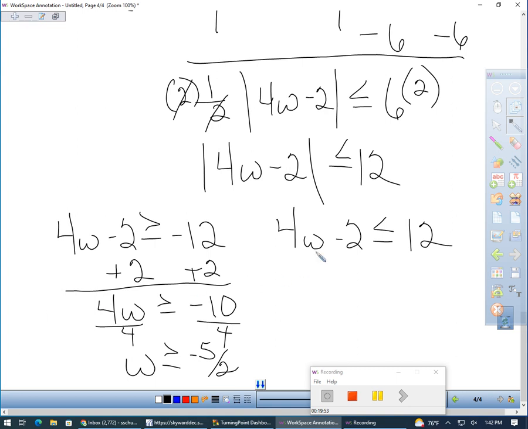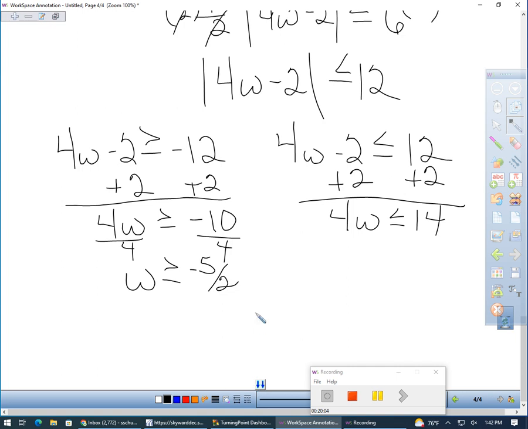Over here, I'm going to add 2 to both sides. So say 4w is less than or equal to 14. Were you supposed to change the sign or use the X? I did that right here. When I made it negative, right? Yes? Yeah. Okay. All right, divide both sides by 4. So we get w is less than or equal to 7/2.